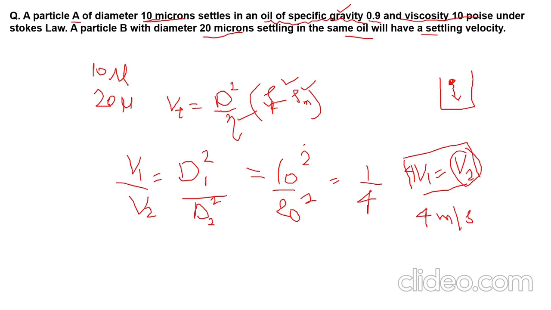So with an increase in the diameter, the terminal velocity also increases. This was a relationship between the settling velocities of the two particles. So now we can say that the settling velocity of particle 2 is 4 times the settling velocity of particle 1. Is it clear?